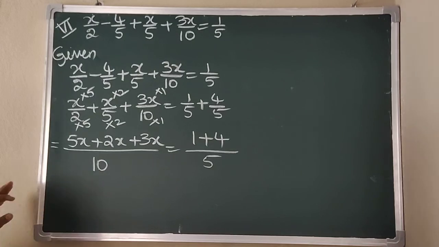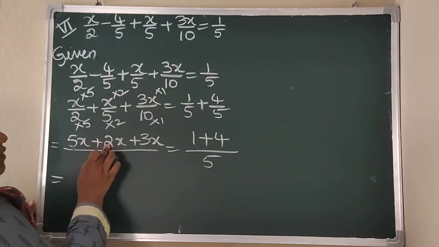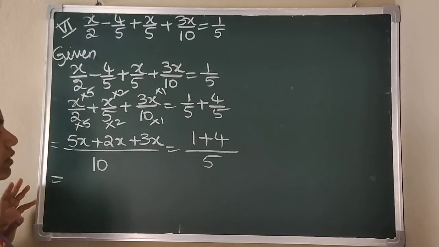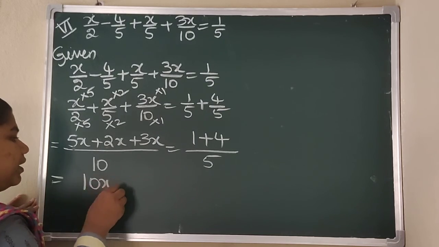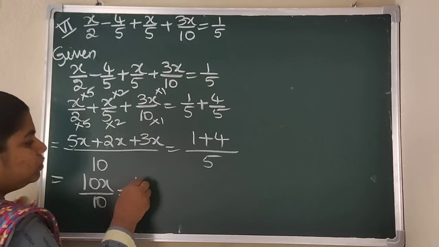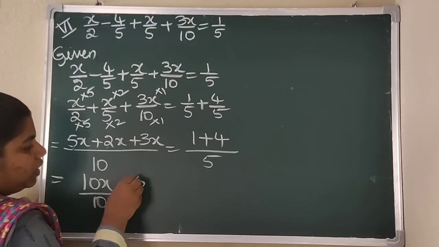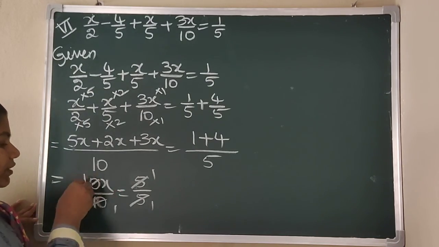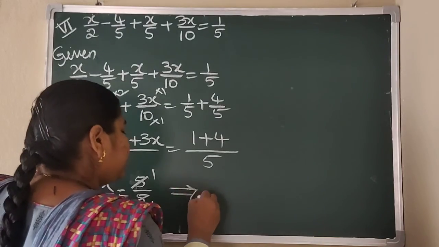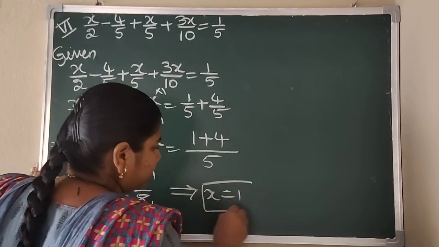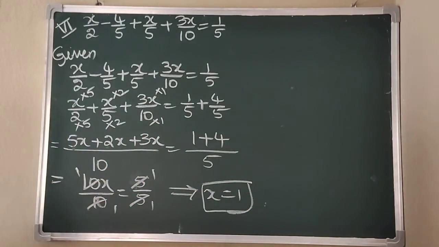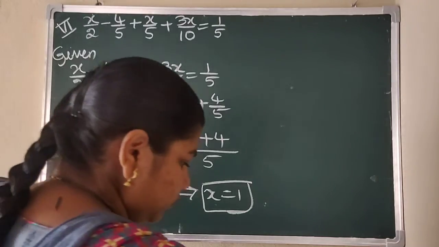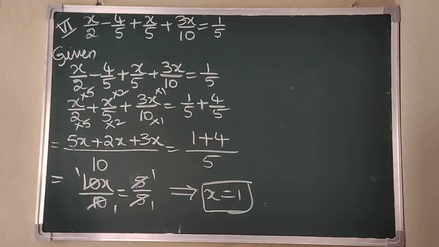Now add the values. 5 plus 2 is 7, 7 plus 3 will be 10. So that will be 10x by 10 is equal to 5 by 5. So what is the x value here? x is nothing but 1. Okay, so this is our sixth solution.